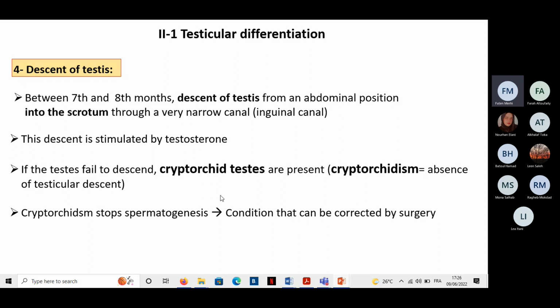Cryptorchidism stops spermatogenesis, that's why it should be corrected by surgery. If not, it will lead to sterility.